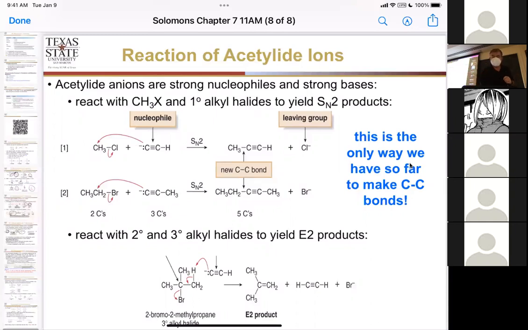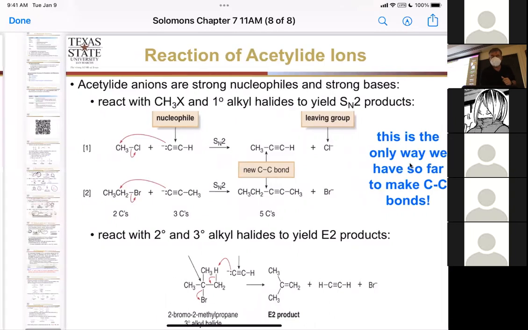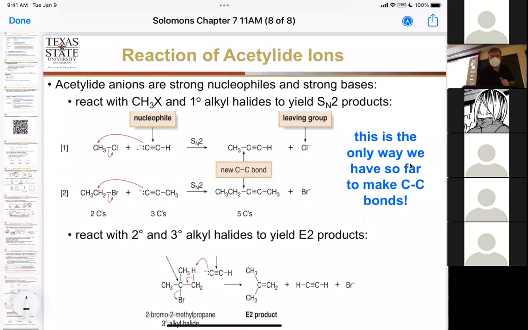These are much easier to form. And we can use it as a nucleophile. Our anion here is going to attack, of course, the backside of our methyl group here and kick out the chlorine. And notice we've added 1 carbon to this chain.